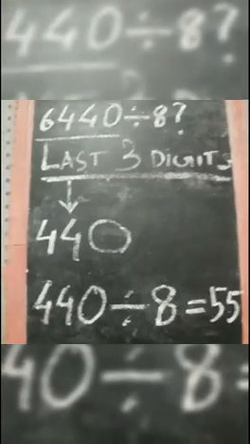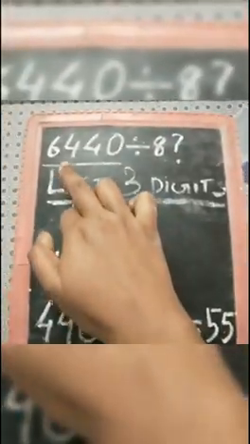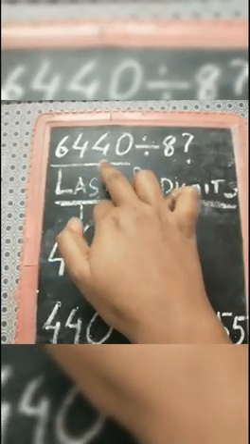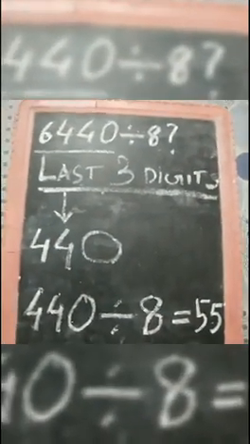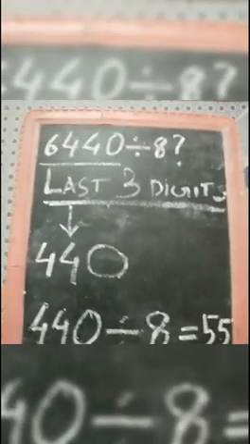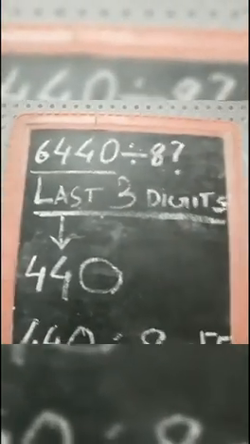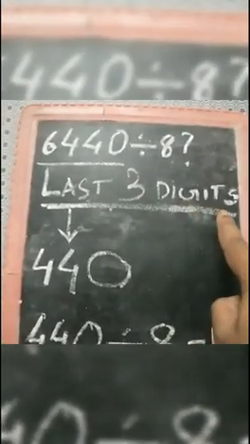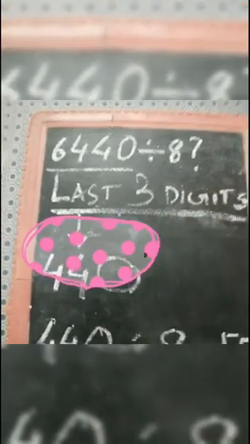So let's start. Okay, now coming to the next number 6440. Now we have to find out whether this number is divisible by 8 or not. Similar process. Okay, we have to find out the last 3 digits of the number. So the last 3 digits are 440.